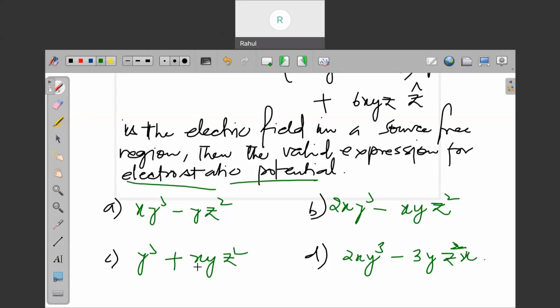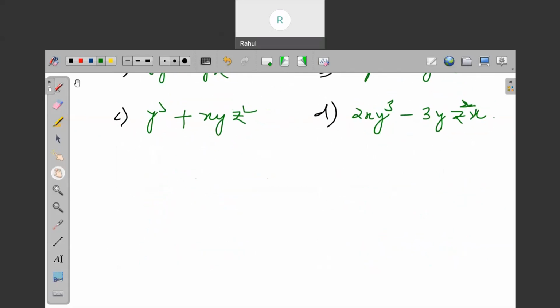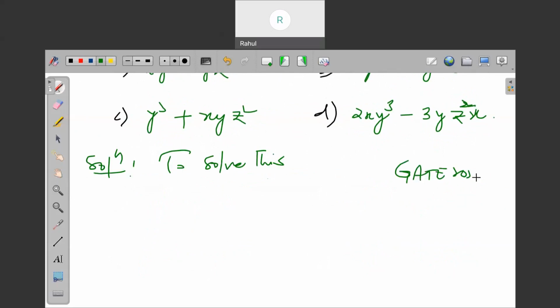So how can you solve this question? To solve this question, you will have to go from option to question. Otherwise you will take much time. Always be ready; in fact in GATE 2022, many questions were there where you need to go from option to question. You need to plug many values from the option into the question, verify and get the answer.